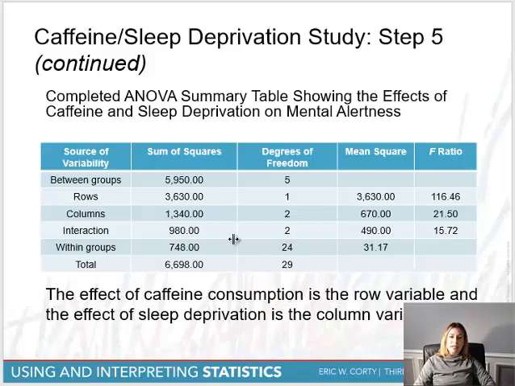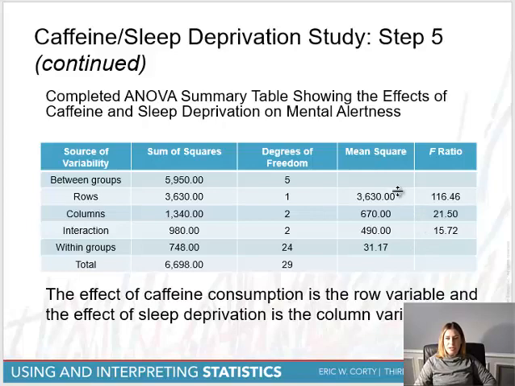Now, in this ANOVA, our within groups is our error term. So this is always our denominator for our F statistic. So when we're doing our F ratio for our two main effects, as well as in our interaction, the F is always equal to a mean square over another mean square.